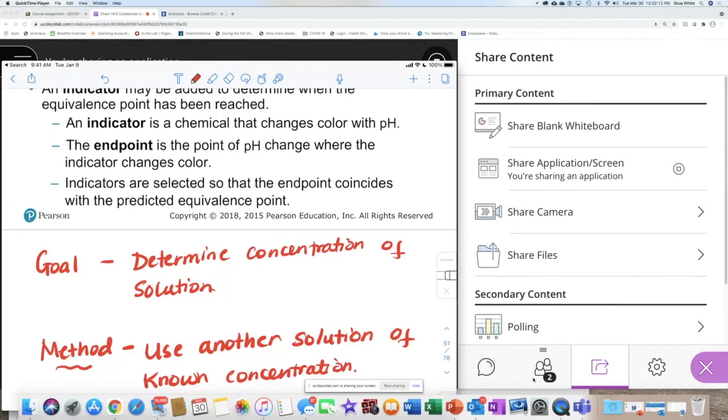So you're using the solution of known concentration to find the solution of unknown concentration. So it's like, okay, if you want to find the concentration of a base that's not known, use an acid whose concentration is known to find the concentration of the base. Okay?